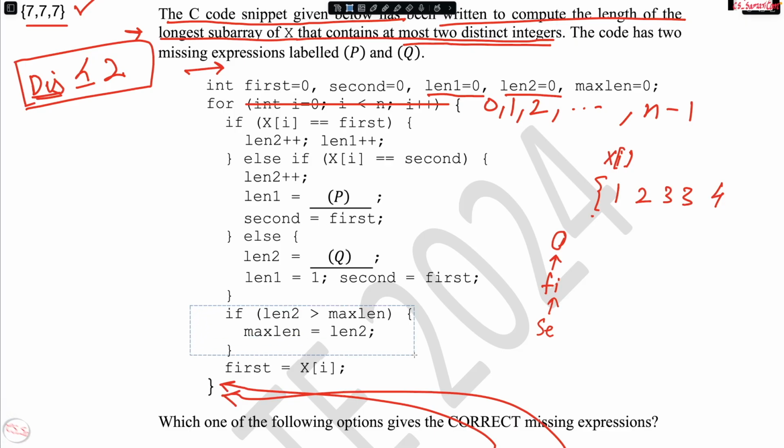All this is fine and good, but the thing that I would like to say is that this maxlen is then not used to affect the value of len1 and len2. And we are only concerned with the value of len1 and len2 because those are the values to which p and q are assigned, right? So we do not need to consider maxlen anymore.